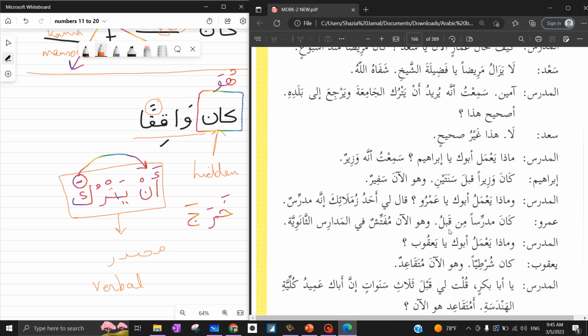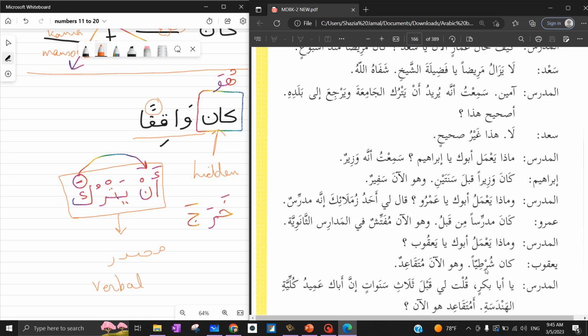Wahuwa al-an, and now what is he now? Mufattishun fil madaris as-sanawiyati, means advisor or supervisor, something like that. Madaris means in secondary schools. This is the plural of madrasa, a broken plural. Sanawiyati means secondary.